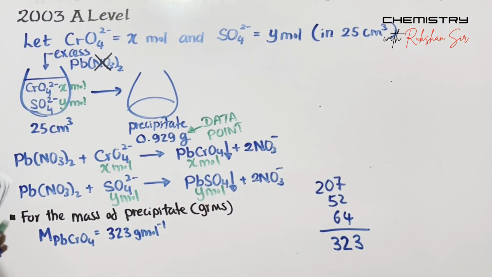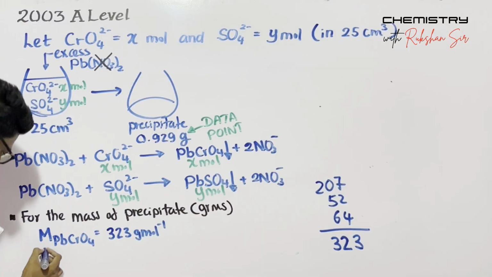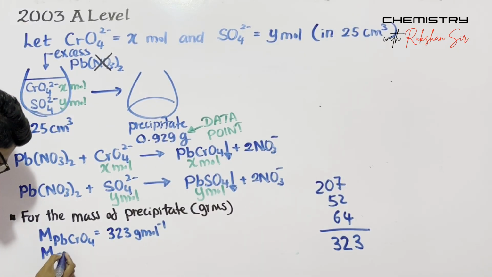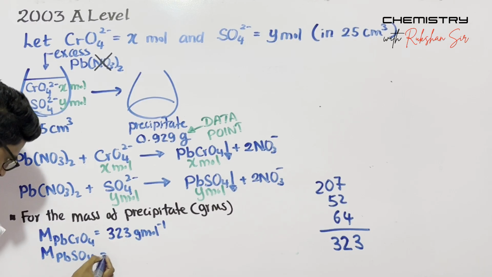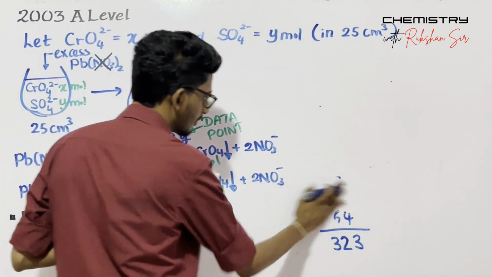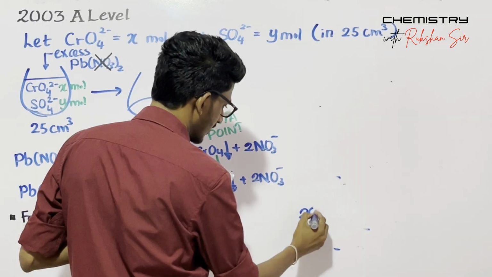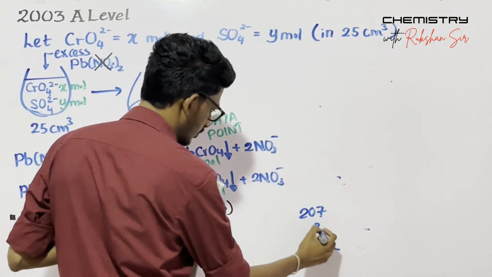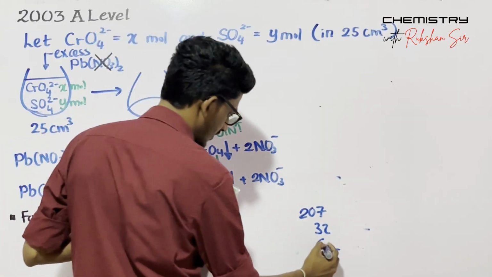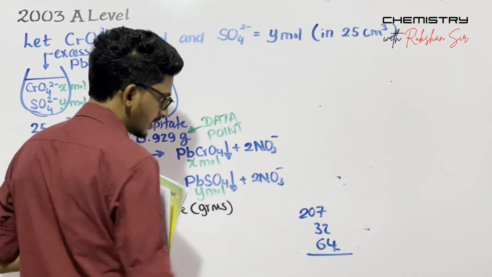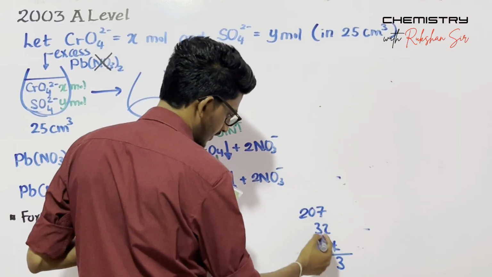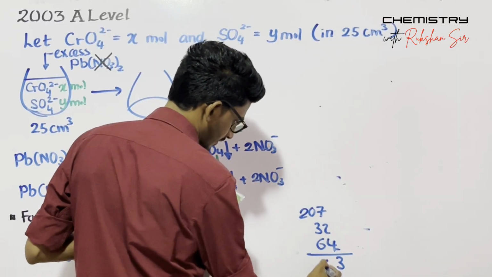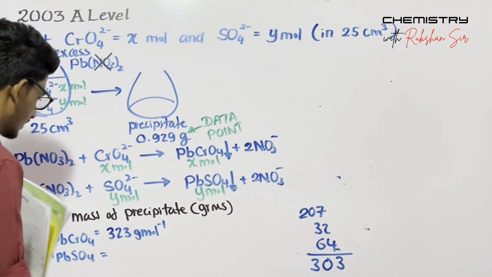Right? What about the value for lead sulfate? Lead is 207, sulfur 32, and 4 oxygens, 16 into 4 is 64. So that is 303.